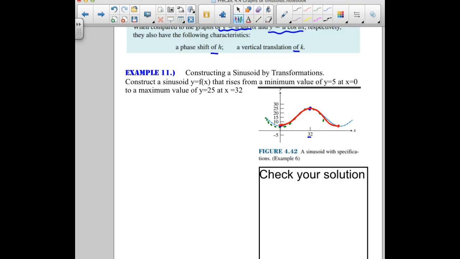It's been reflected over the x-axis. Yes? Or reflected over our new line, our new 0 line. So what's easier? It's probably just to use the cosine one. Okay? It's easy to make it flip, harder to figure out what that phase shift needs to be. Okay? So they tell me that my graph goes from a 5 as my low point to a high of 25. That's the range of my graph.